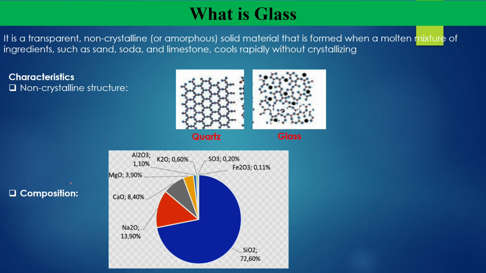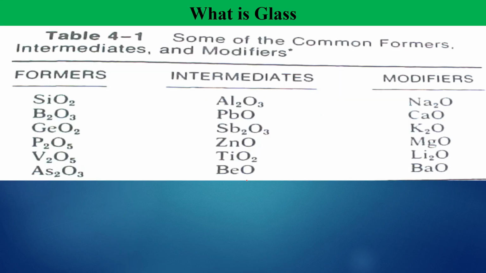Now the composition. The main component is SiO2, about 72%. Then Na2O, CaO, MgO, Al2O3, K2O, SO3, and Fe2O3 in different percentages. The main ones are formers.